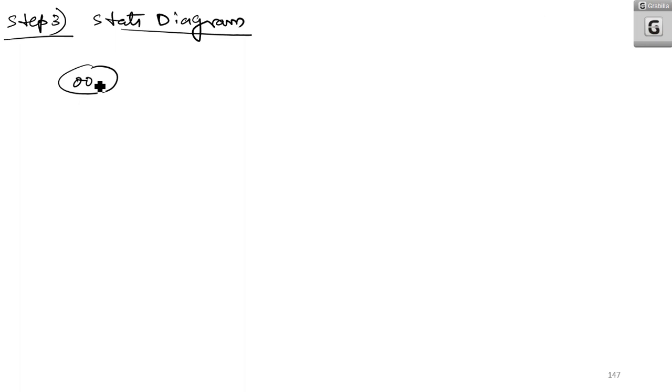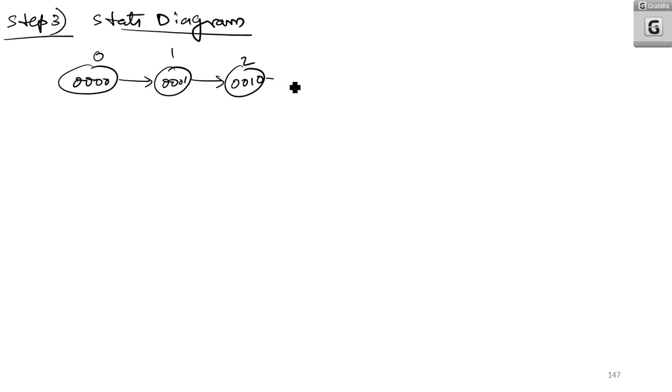Now coming to step 3. Step 3 is draw the state diagram. So to draw the state diagram, we are having 0000. That is 0, then comes 1, then you will get 2, 0010, that is 2.